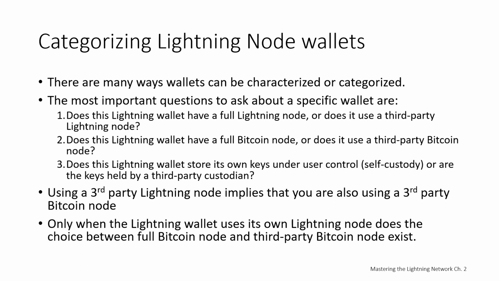If a Lightning wallet uses a third-party Lightning node, it is this third-party Lightning node that decides how to communicate with Bitcoin. Hence, using a third-party Lightning node implies you're also using a third-party Bitcoin node. Only when the wallet has its own Lightning node does the choice between a full Bitcoin node and a third-party Bitcoin node exist.